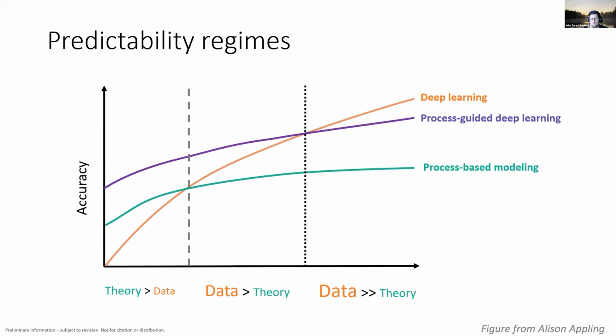And then for your first question, we are saying that process guidance is happening when we're pre-training the model on process-based model output. We are also including custom loss functions that penalize the model for violating the law of conservation of energy.